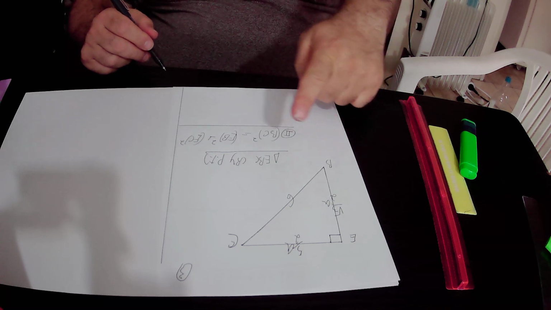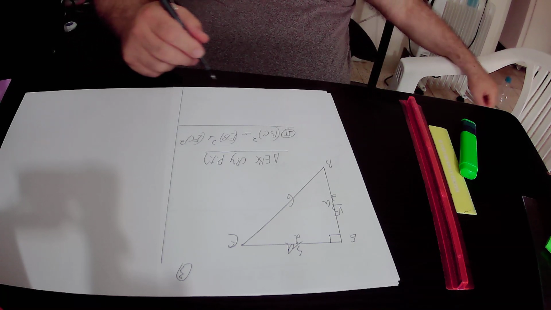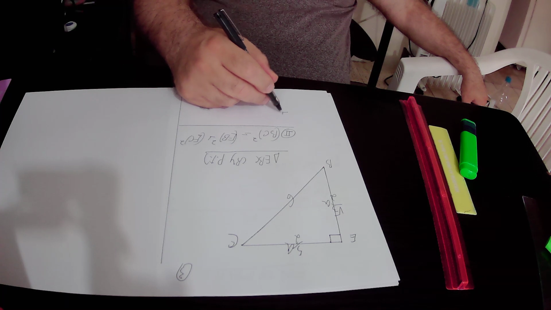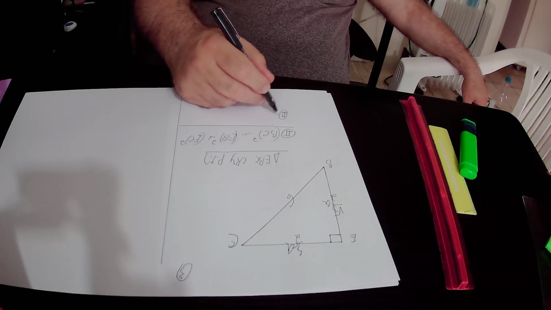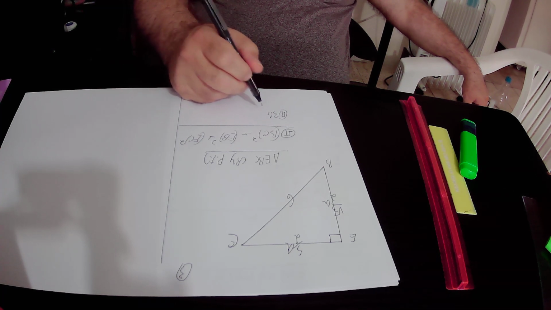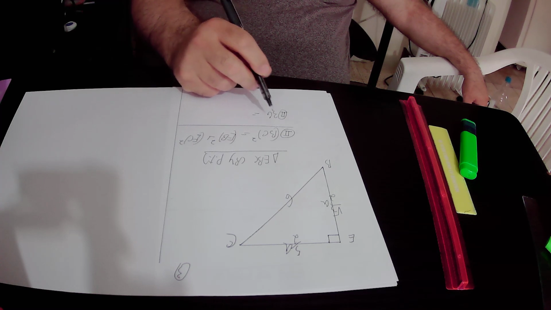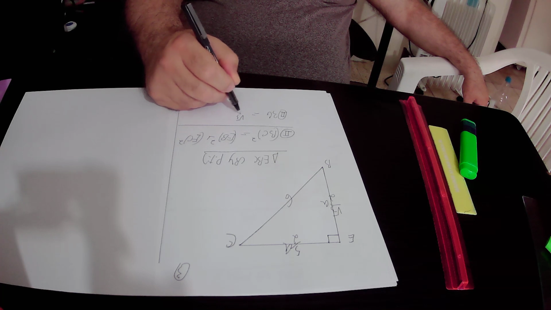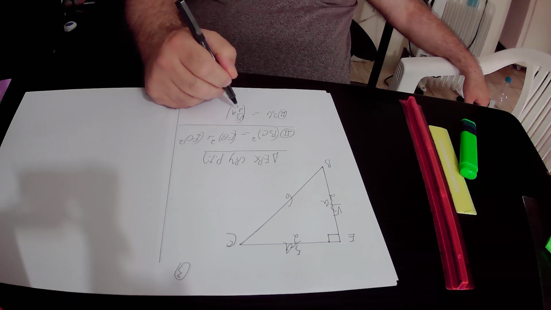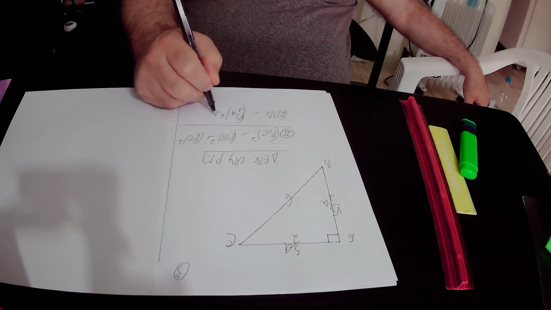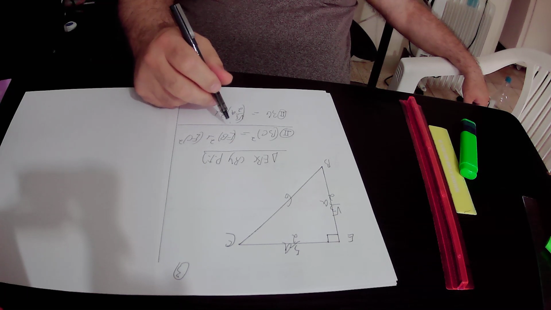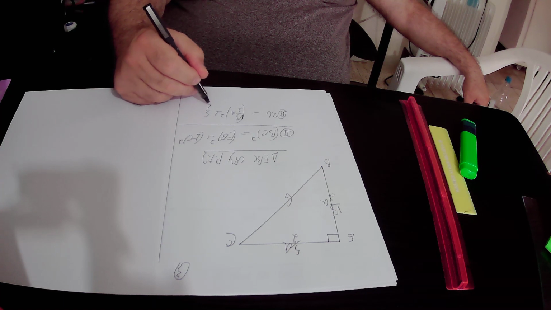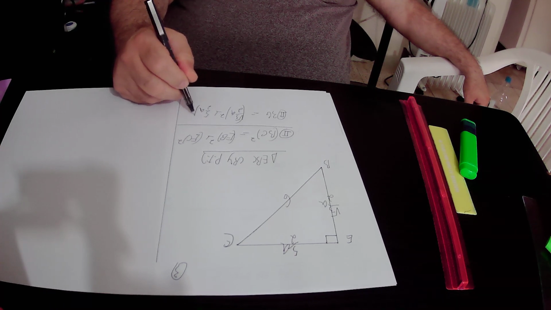So BC equals 6, so BC squared is 6 squared, that is 36. And it is equal to EB squared. EB is square root of 3 over 2 times A, so EB squared is square root of 3 over 2 times A, squared, plus EC squared. EC is 5 over 2 times A, so EC squared is 5 over 2 times A, squared.